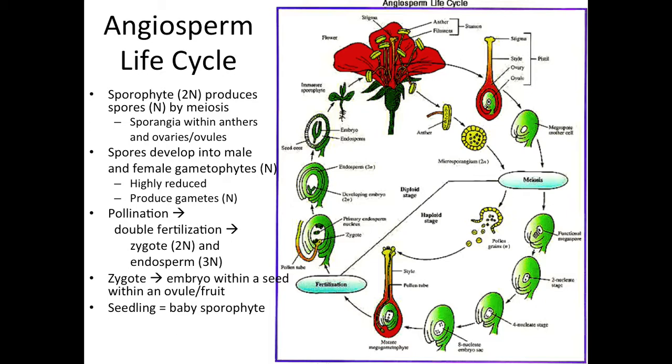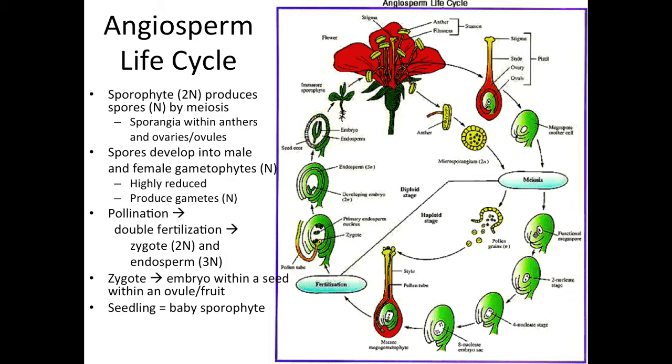And that's going to occur in the ovule. So you get meiosis occurring in the ovule, which results in a megaspore. The megaspore is going to divide by mitosis to produce the female gametophyte. And within that female gametophyte, you have an egg. That's your gamete. Within the pollen, you have sperm. That's your male gamete.